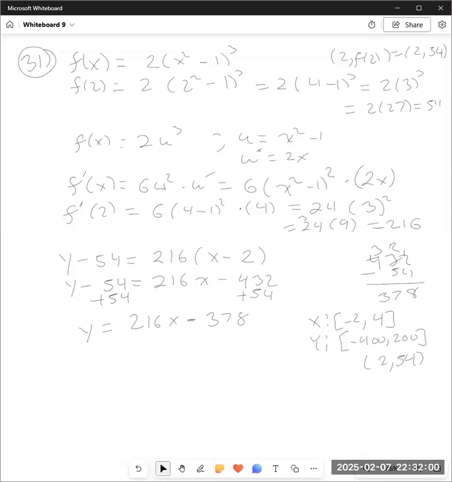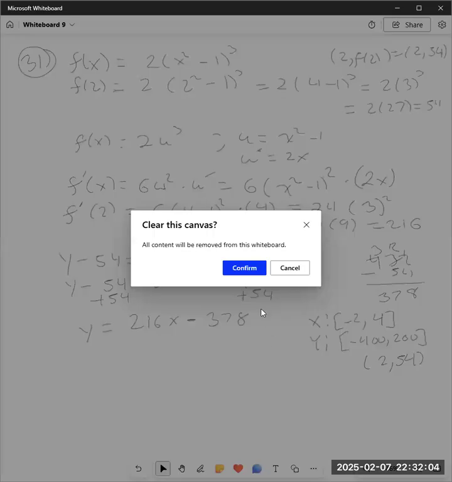All right, let's go ahead and look at number 33. It is f of x equals the square root of 4x squared minus 7, which is the same thing as (4x squared minus 7) to the 1/2 power.